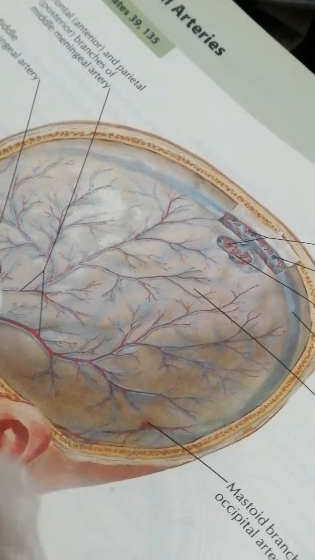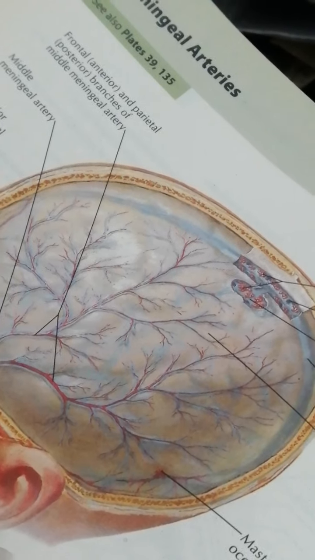And this thick membrane that you see over here is the dura mater, and this artery is the middle meningeal artery, whose branches lie over the dura mater between the skull bone, that is the endosteal layer of dura mater, and the fibrous dura mater.